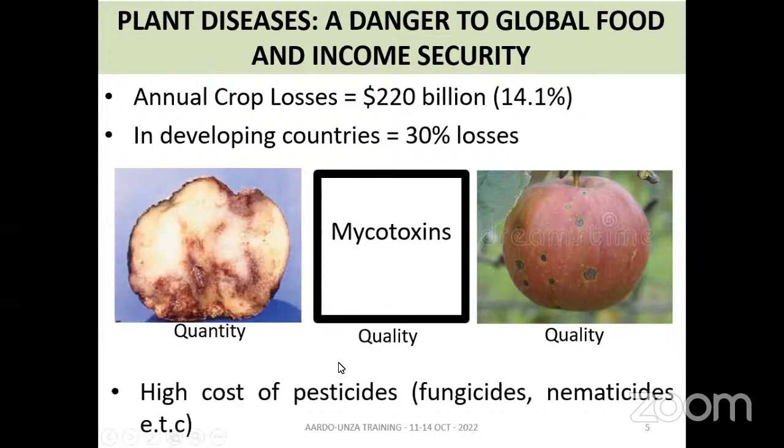Therefore, you can see that this is not an issue of quantity, but quality, because you have your big, nice apple, but because of these blemishes, you cannot supply it to the supermarket. Even in apples, you have quantity loss and toxins sometimes can show up.